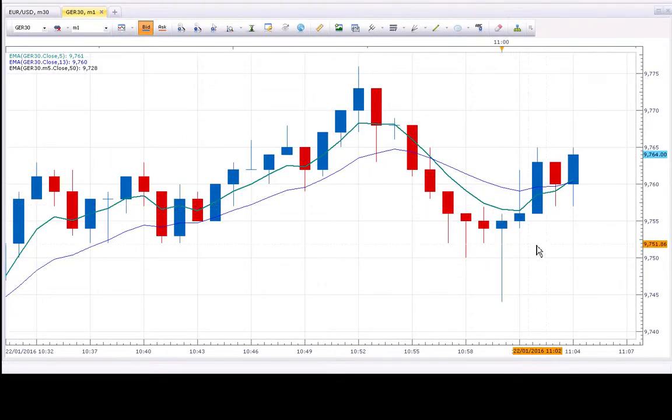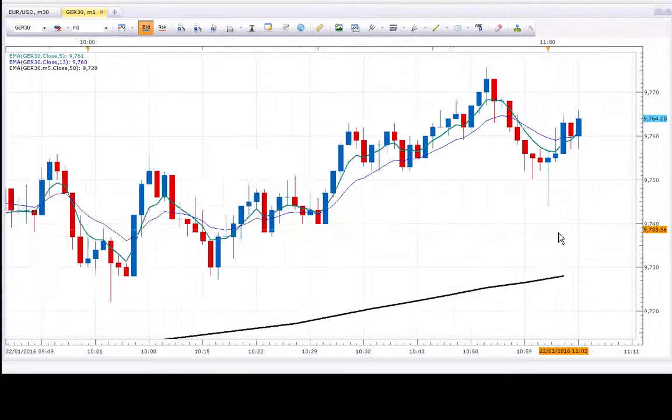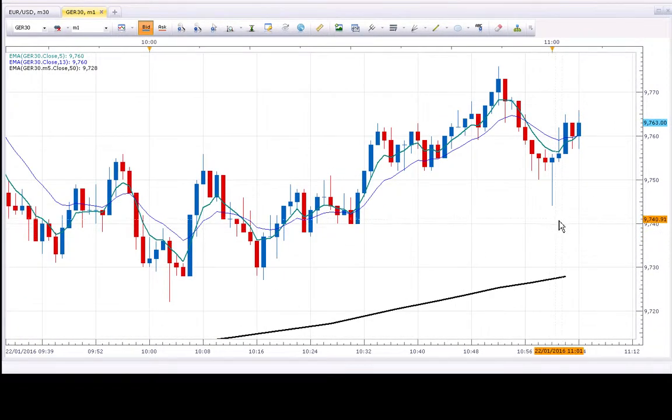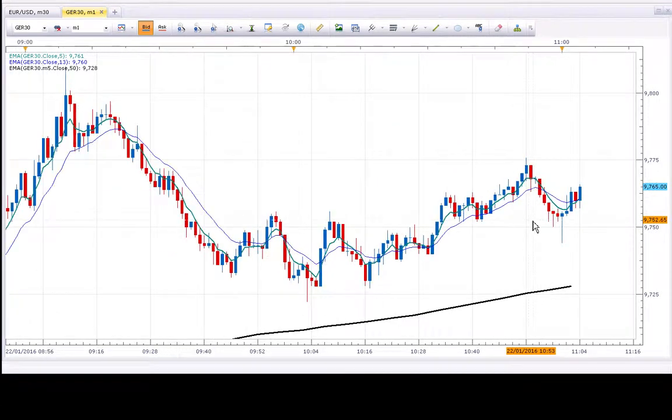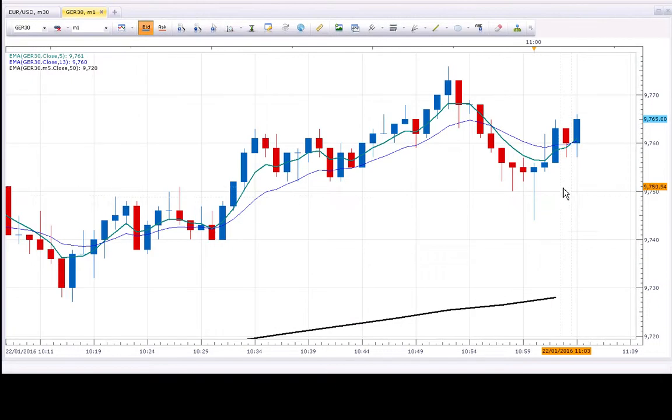I'll go for £1 a point. I'll aim for, well, good point, what were we going to aim for? Now, 20 points I'm going to choose, and I've just plucked that number out of the air.